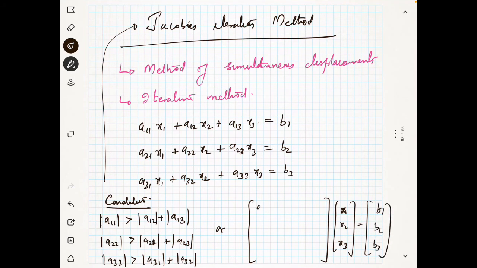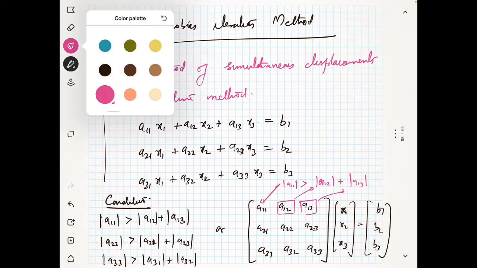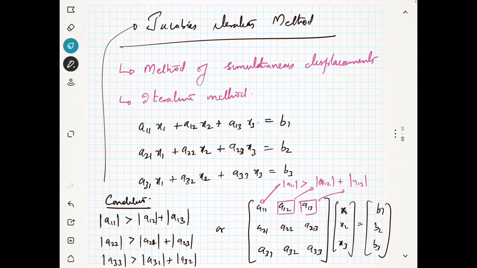Now this is a11, a12, a13, a21, a22, a23, a31, a32 and a33. So the magnitude of this a11 should be greater than this magnitude a12 plus this magnitude a13.